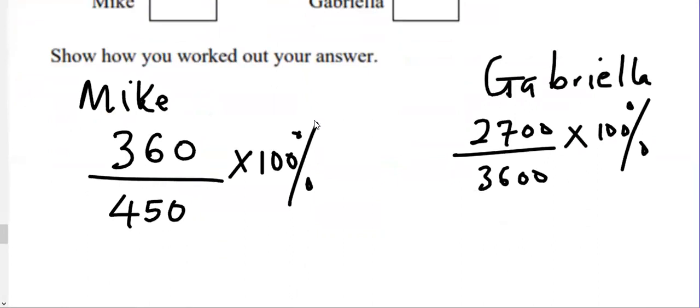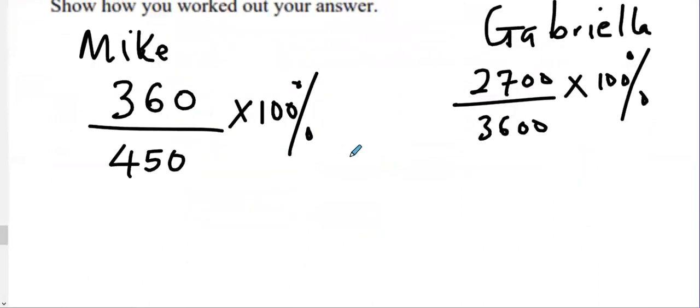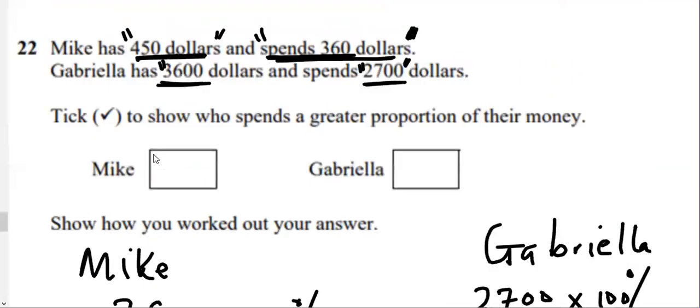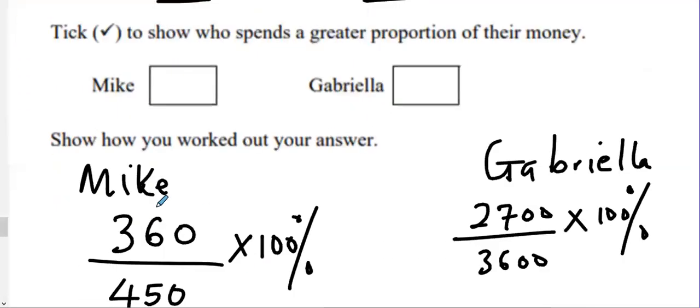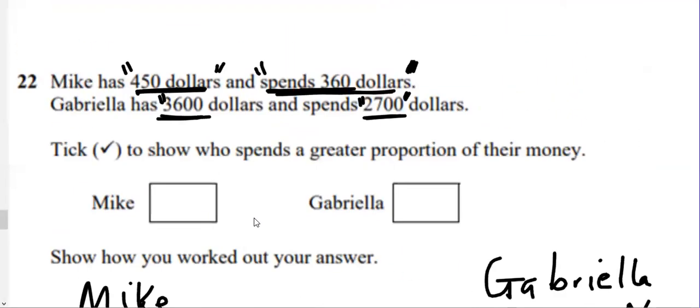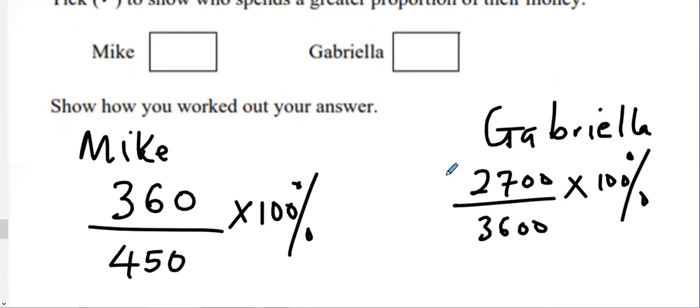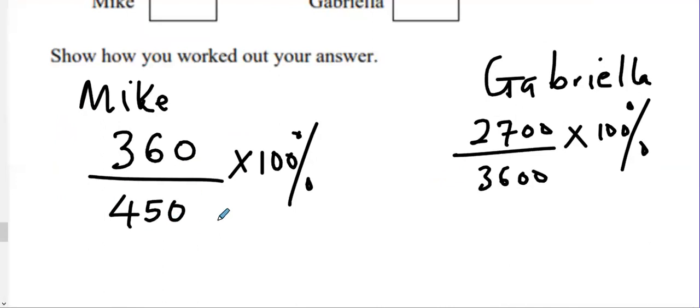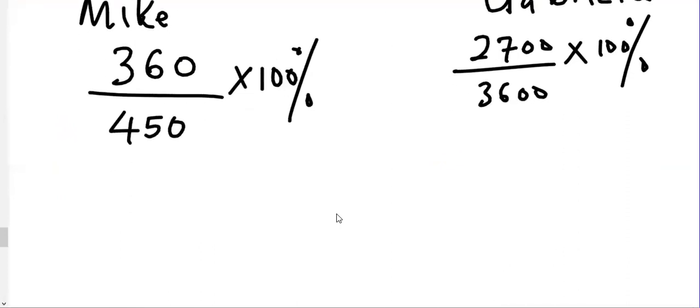Go ahead simplifying this. If you get everything in percentage, it will be very easy to decide who spends a greater proportion of the money. The greater the percentage, the greater the proportion of expenses. So let us see who has got a greater percentage of expenses.